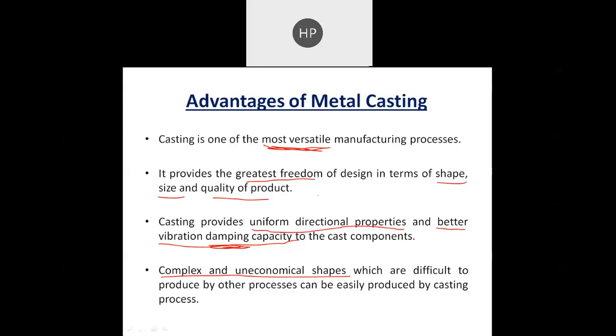Why? Because its cost is very high. Now the same product produced by casting is at low cost, so the overall cost of the product will decrease and the customer can buy it. Some shapes can be produced by other processes, but it will be very expensive. So that's why complex and uneconomical shapes which are difficult to produce by other processes can be easily produced by the casting process.